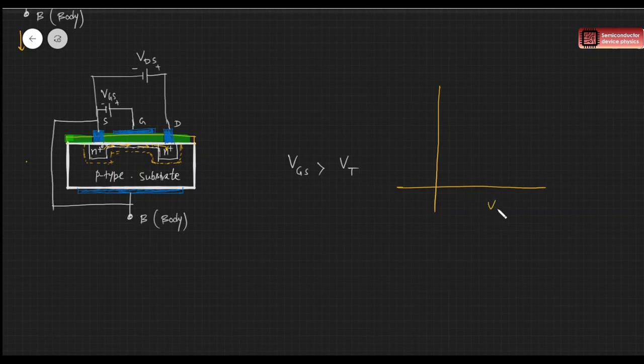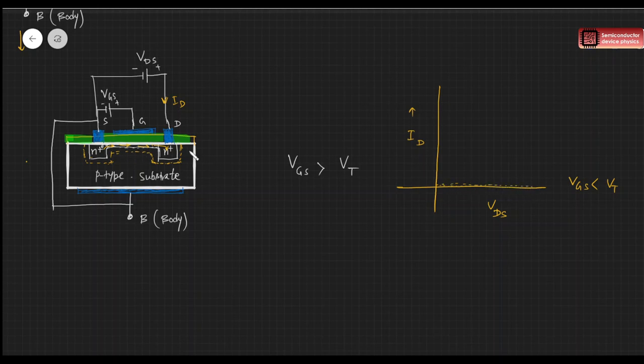So we are increasing VDS, and we are measuring the drain current ID. And under the condition that VGS, the voltage between gate and source, is less than VT, the threshold voltage, then this current will be very low, almost like zero, right?